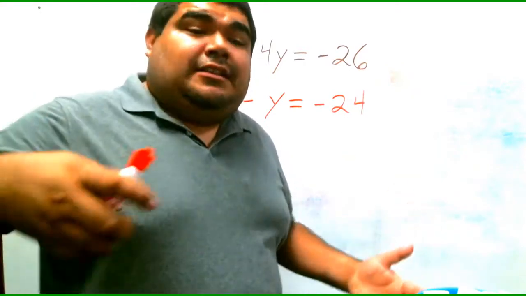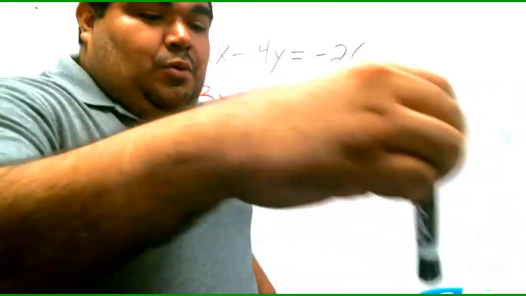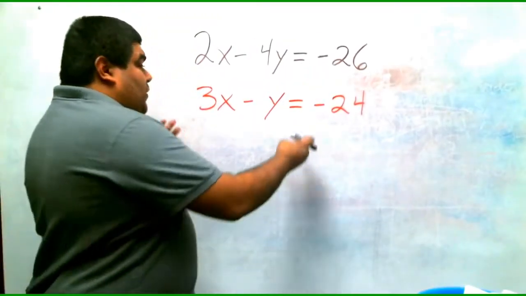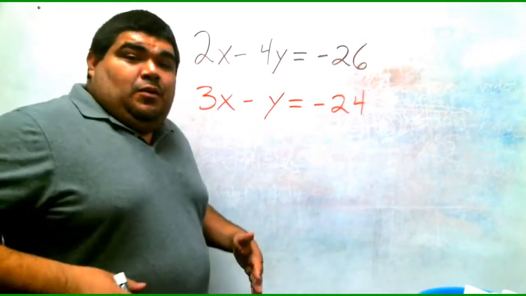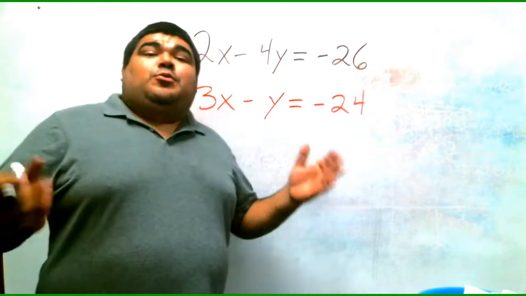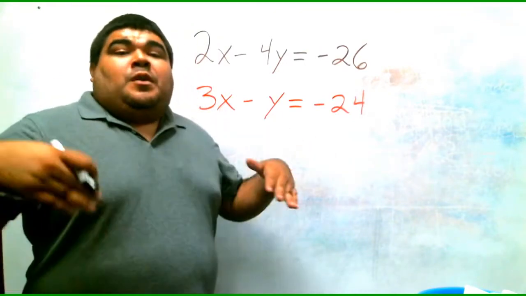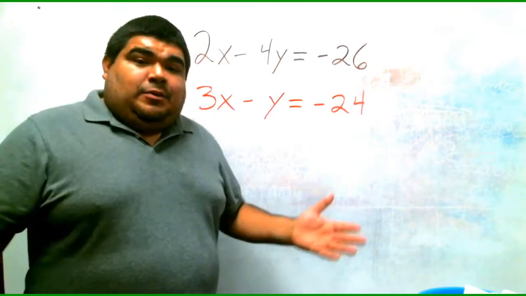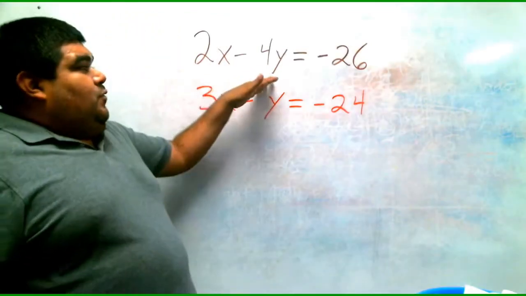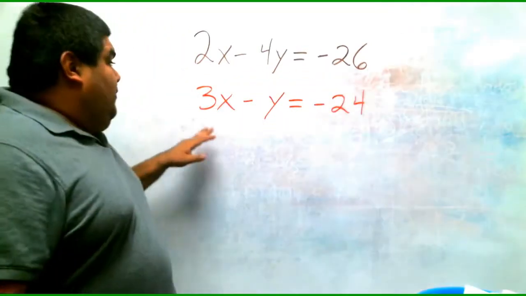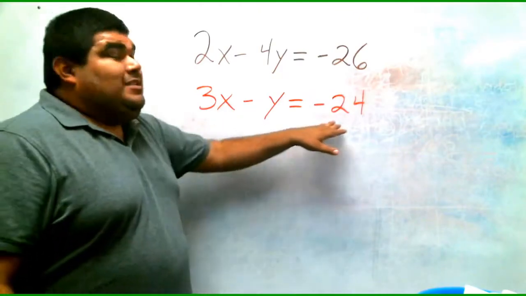Usually, like I said last class, we solved one of the equations for a variable, then plugged it in. This time, we're not going to do that. Instead, we're trying to match something up to cancel it out. Notice that we have 2x minus 4y equals negative 26, and 3x minus y equals negative 24.